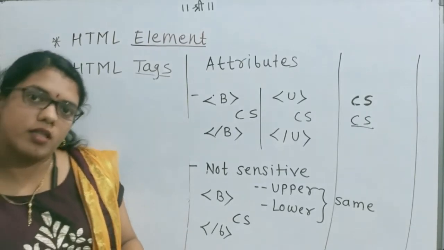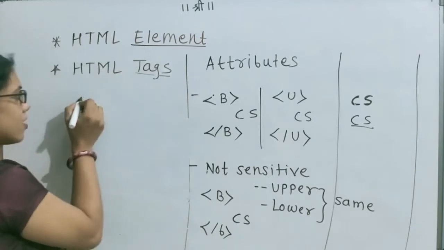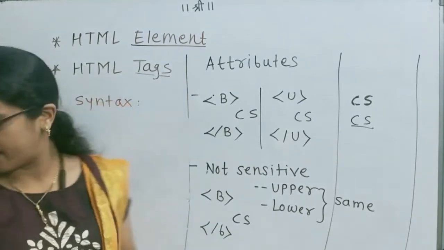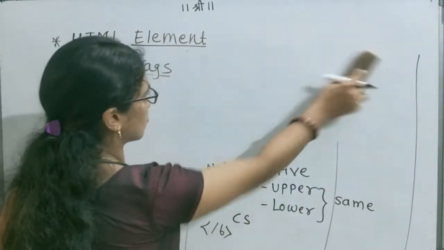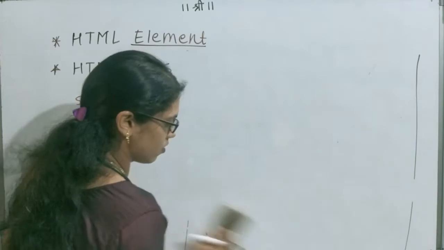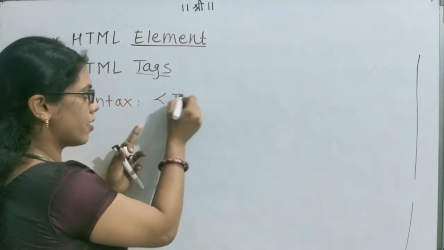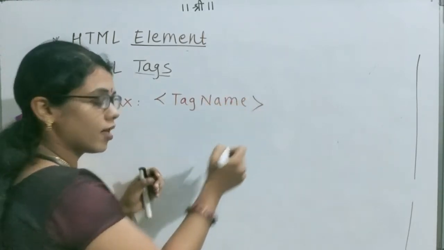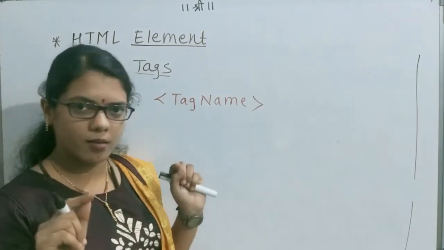For each and every tag we have to write syntax. Syntax means nothing but the format, how to declare a tag. For every tag, first we write its name, so syntax is the tag name. The tag name is compulsorily enclosed inside two angle brackets.